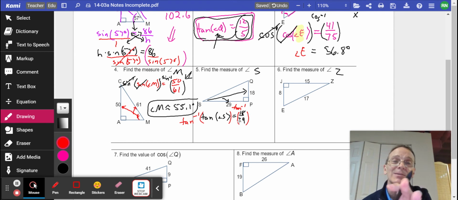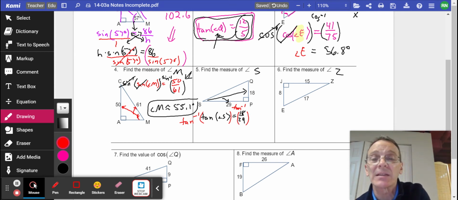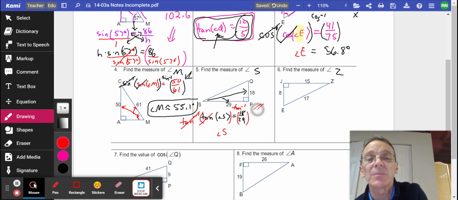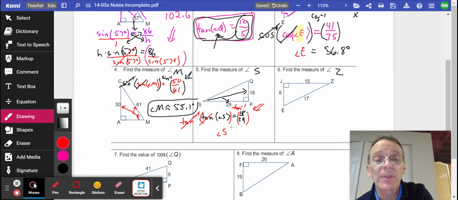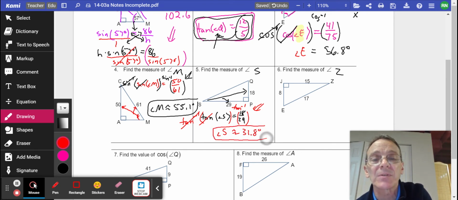Do your best to position that a little bit to the left of that 18 over 29. The tangent inverse cancels out the tangent, leaving the angle S standing. And this you can put in your calculator. And what did I get earlier for that? Rounding to the nearest tenth, 31.8 degrees. That seems reasonable for this picture.